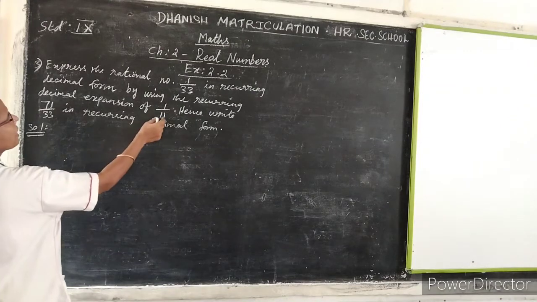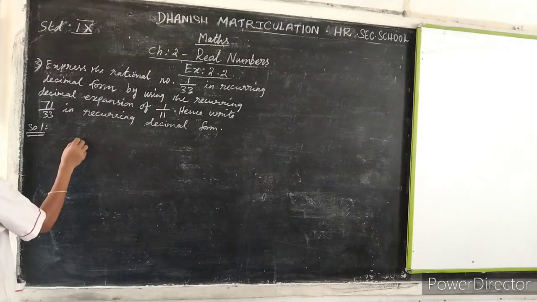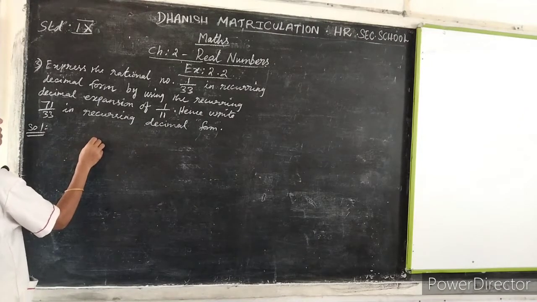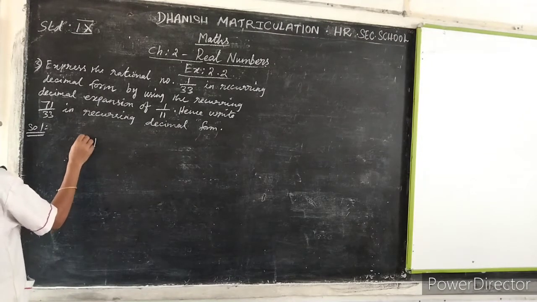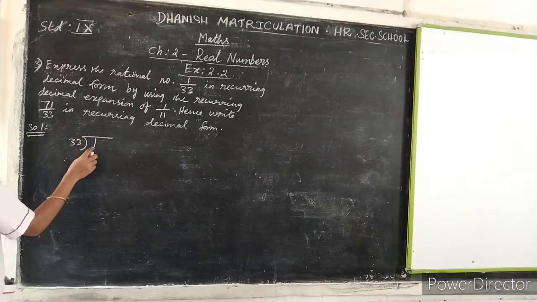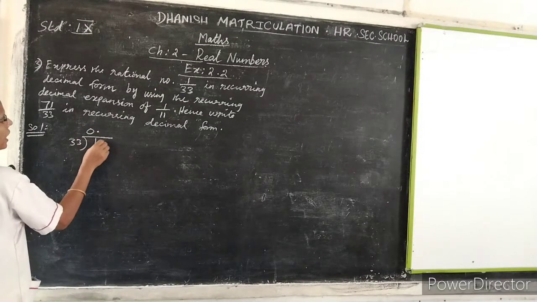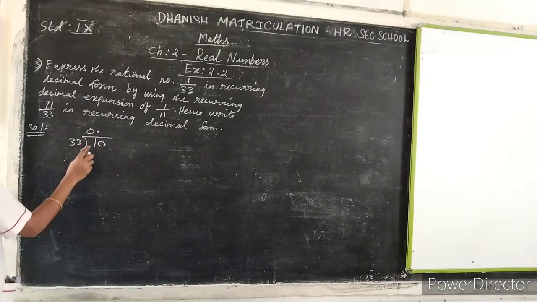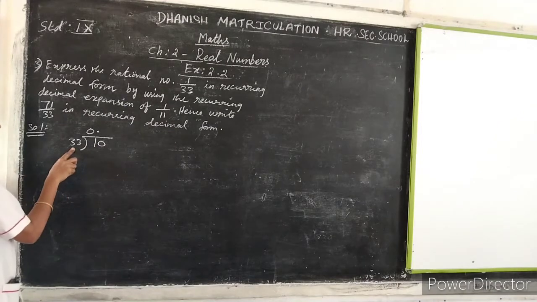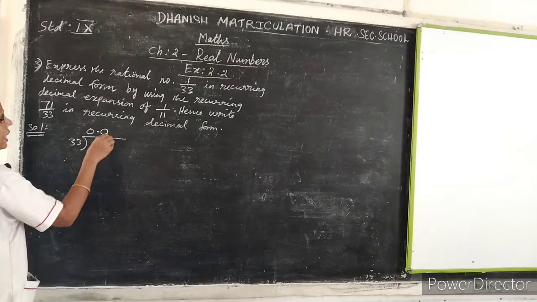First find the 1 by 33. 1 is dividend, divisor is 33. So in 1, 33 table is not going, so 0 point, tag on 0. Now again in 10, 33 table is not going, so add 1 0 here. Here tag one more 0.